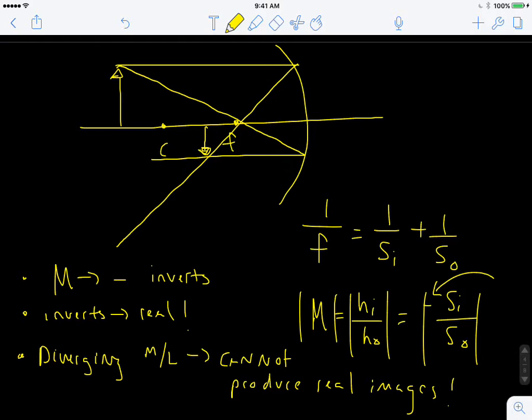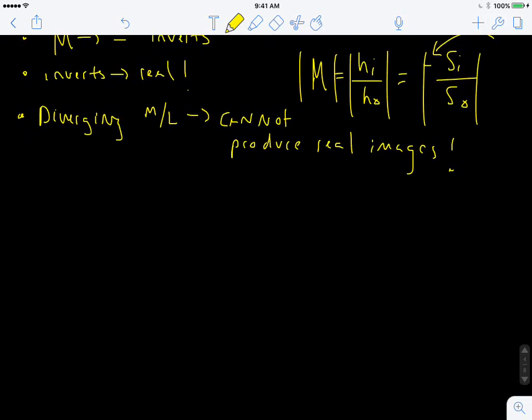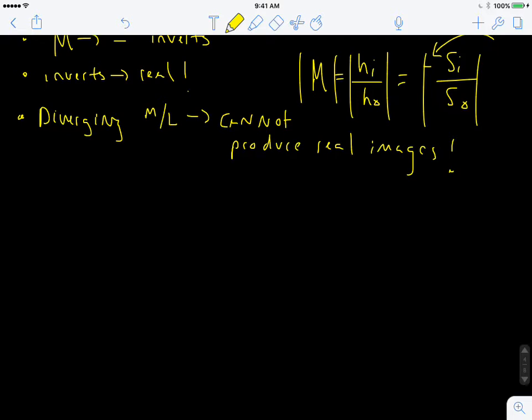And if you play around with the ray tracings, you will see that all of your images are going to be upright. And the last thing that I want to talk about is the focal point. If you have a diverging mirror, the focal point is negative.